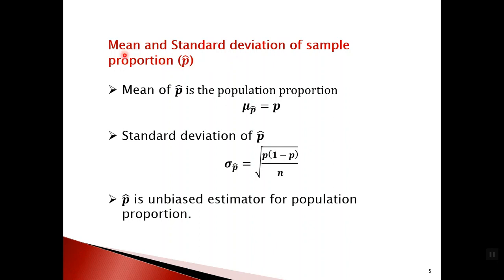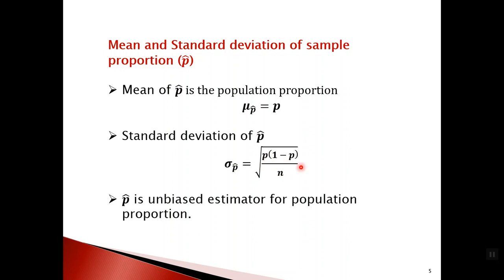First let's try to get the mean of p hat. The mean of p hat we can simply represent by p. It is the same as the population proportion. The standard deviation of p hat, sigma p hat, equals the square root of p times 1 minus p over n.